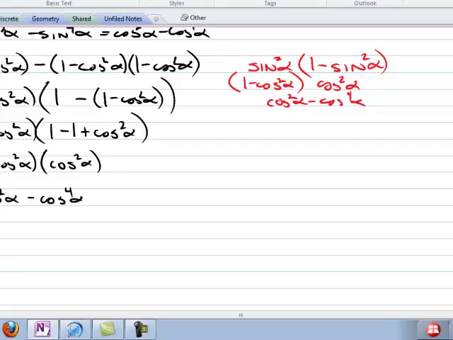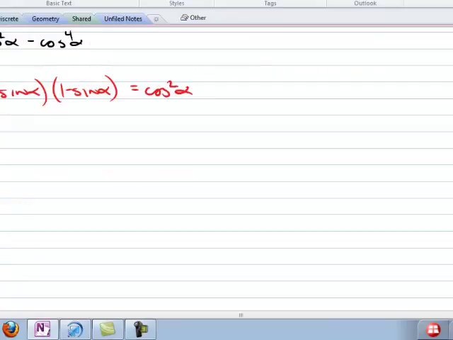Number 3. 1 plus sine alpha, 1 minus sine alpha is supposed to equal cosine squared alpha. Kayla asks, how do you start?